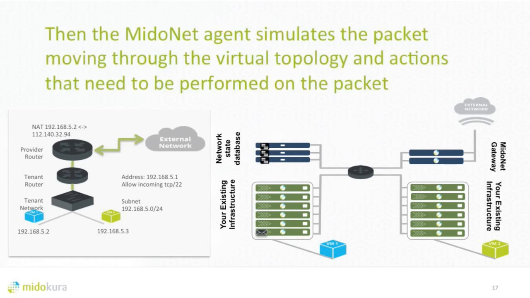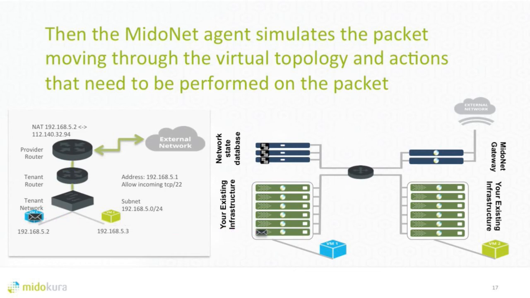Then that local agent on the compute host, the ingress compute host to that path, is actually doing a simulation of the packet flowing through this logical topology, whichever direction it is meant for, whether it be an external network or another tenant's VM, and applying whatever rules and security group policies may be the fate of that packet.